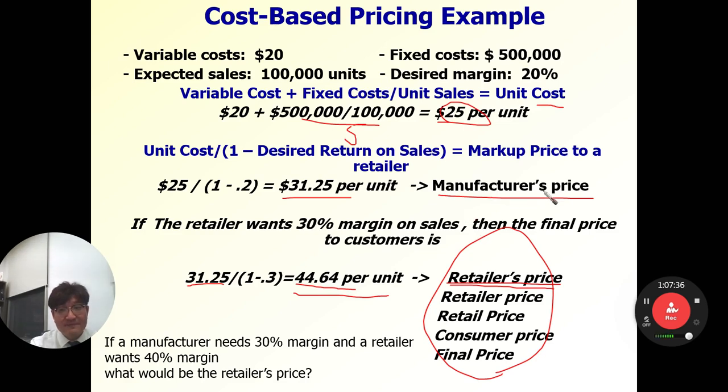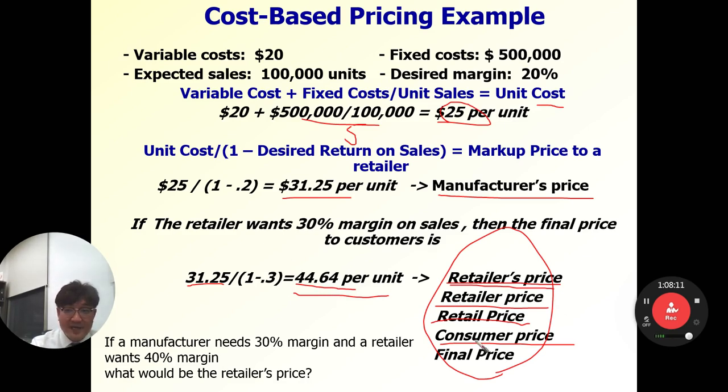For example, here, manufacturer's price, we put the name of the price charger. But here we also call this one retail price, not retailer's price. This is so confusing. How could retailer price and consumer price point to the same thing?